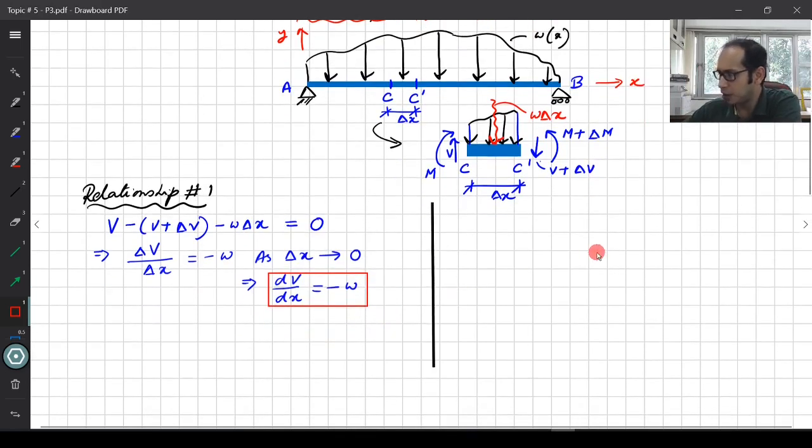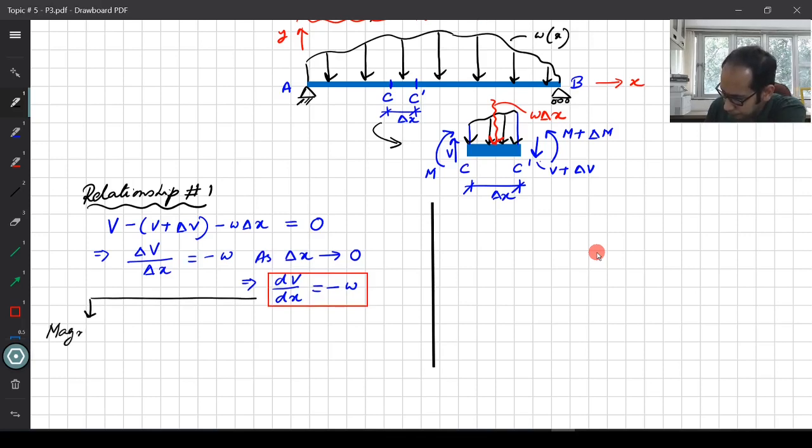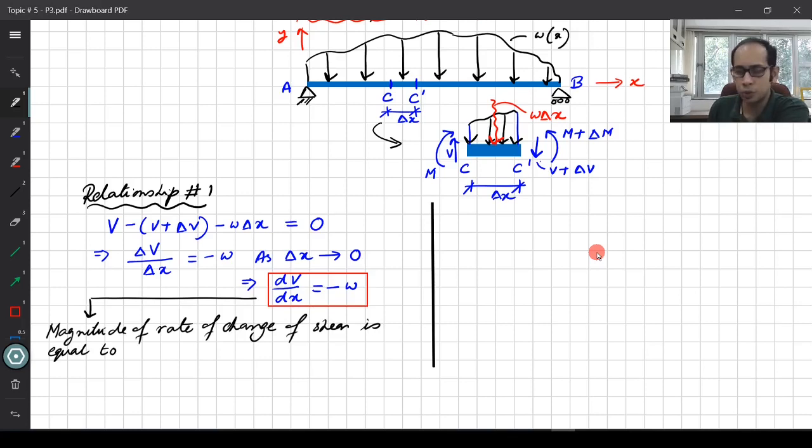So let's make a quick note: what this tells you is that the magnitude of the rate of change of shear is equal to the load at that point. This is what this tells you.